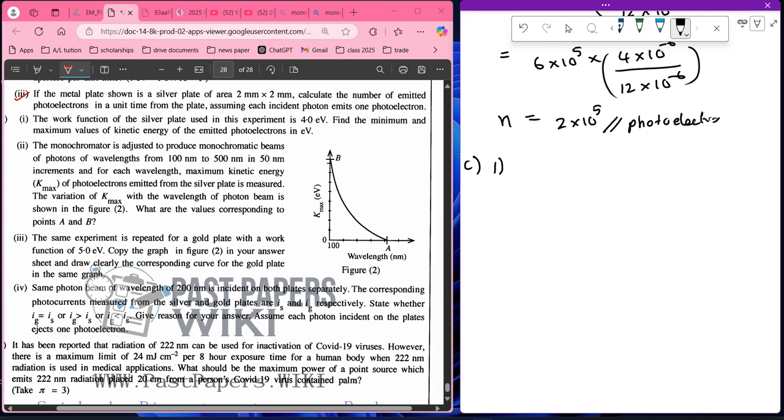So out of the whole amount, 12.4 eV, we need to remove 4.0 eV. That is 8.4 eV. That 8.4 eV is the energy stored in the electron as kinetic energy.